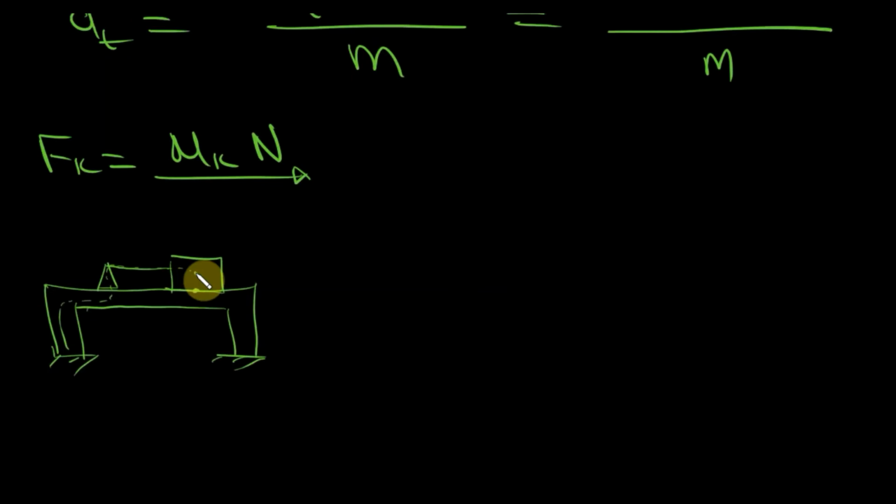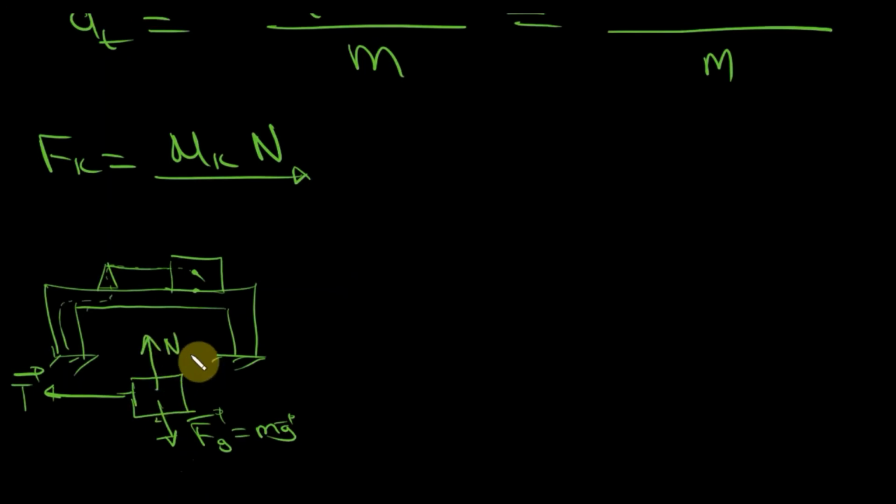If I isolate the block, then I'm able to indicate the forces acting on the block. It will have a tension force, because the rod is in contact with it, and then we'll have gravitational force, which is Fg, equal to mg. Gravitational force always acts perpendicularly down.